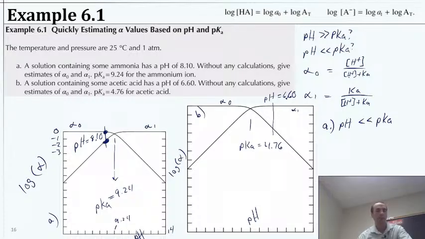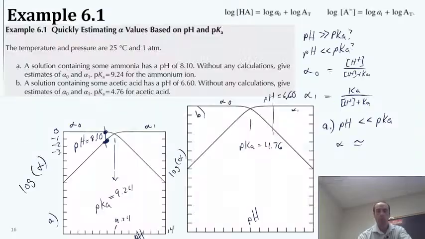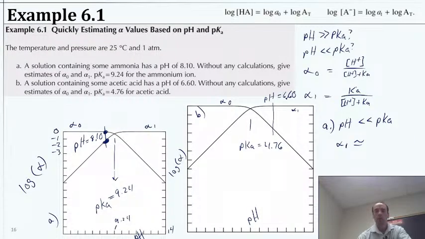So if pH is a lot smaller, let's start with alpha 1 for a moment, because on the right-hand side of this we have a simplification.